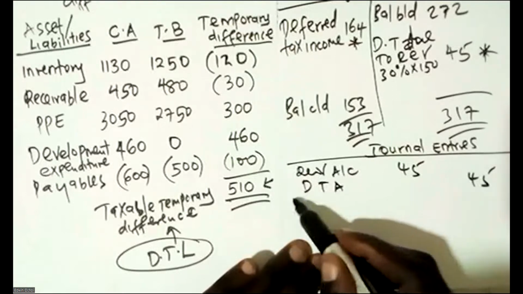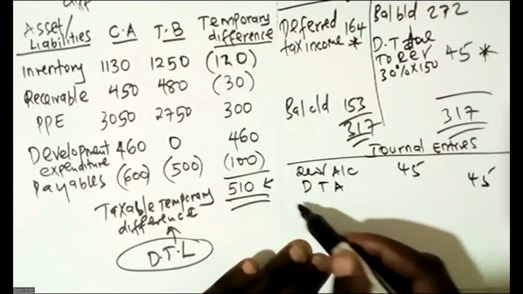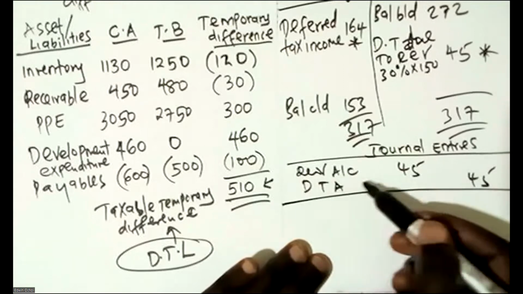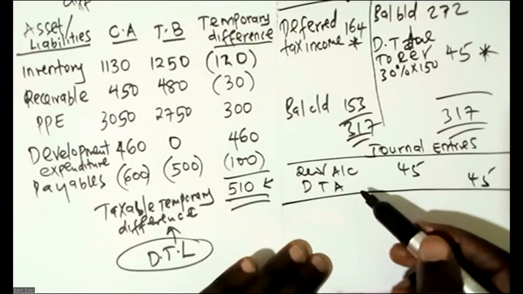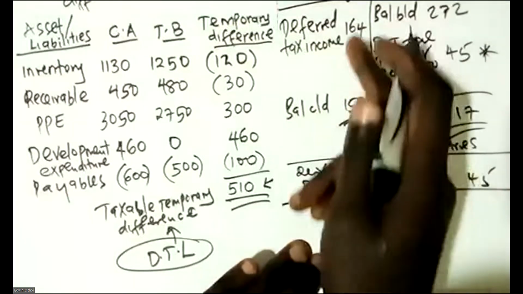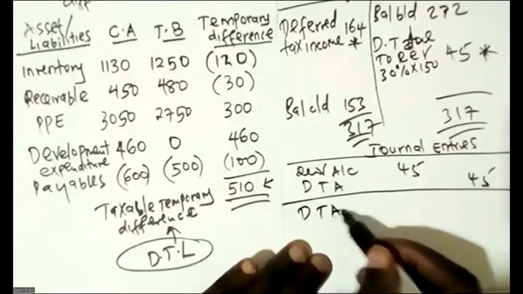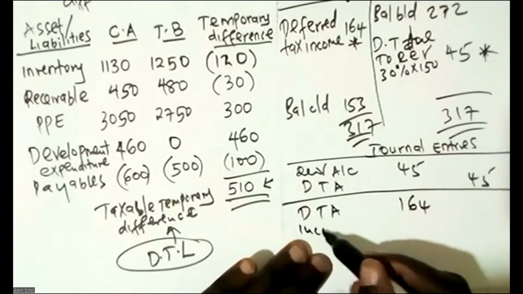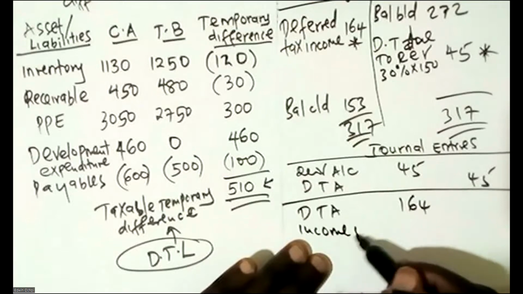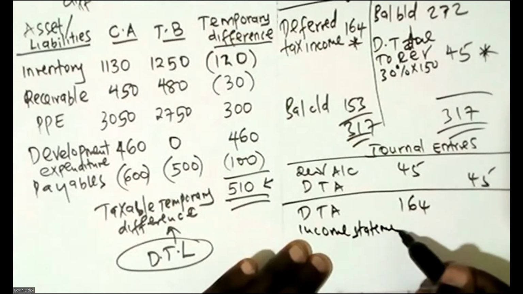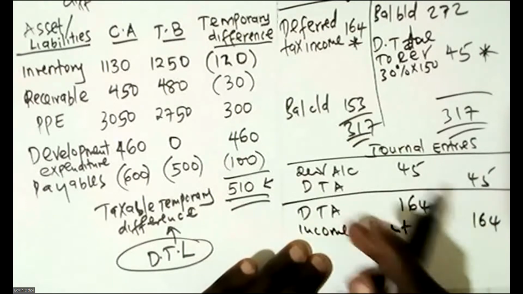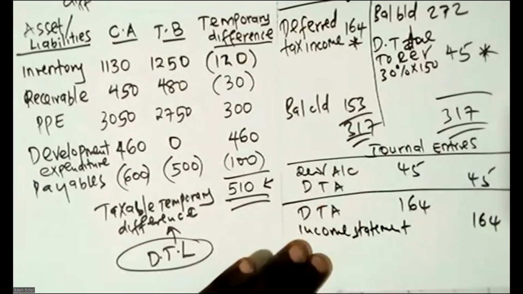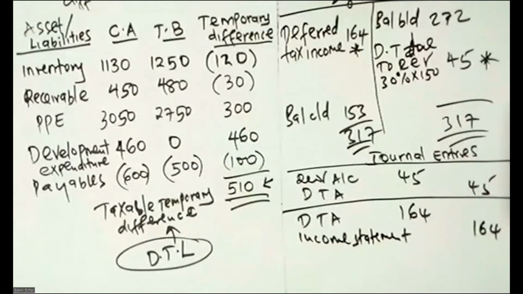You give narration: to record deferred tax due to revaluation. For this one, you debit the deferred tax account, the 164, and you credit the income statement. So you say: to record the deferred tax income. So that is the journal entries in case the examiner asks in an exam scenario.